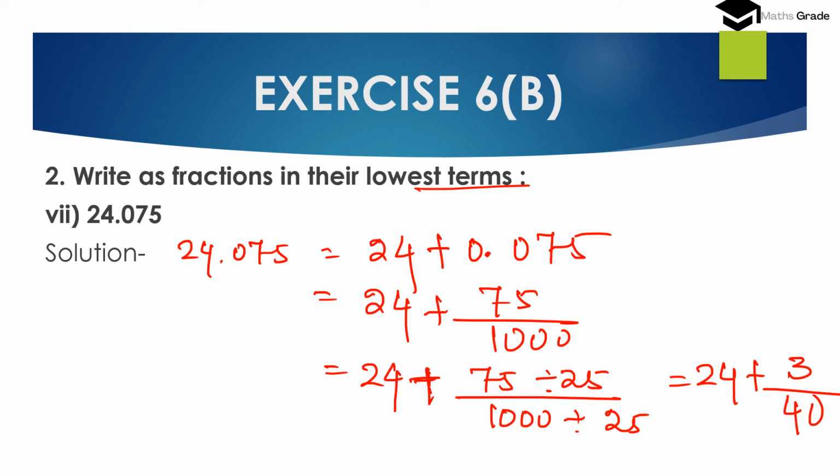Now 24 plus 3 divided by 40 is equal to 24 3/40. Now 24 3/40 is in the lowest term, the simplest form of the decimal 24.075. So 24.075 is 24 3/40.